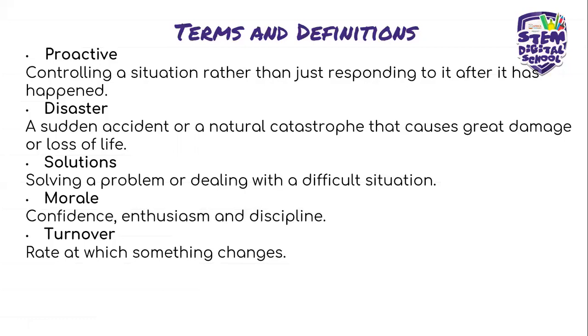You were not expecting it, and it will cause the damage or a loss of life, basically. Right. Then solutions, you solving a problem or dealing with a difficult situation, right? So that's a solution, right? To solve a problem or deal with a difficult situation. So you must find a solution.